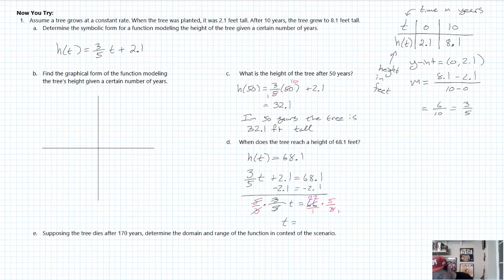So we'll get 22 times 5. That's 110. So the tree will be 68.1 feet tall in 110 years after being planted.